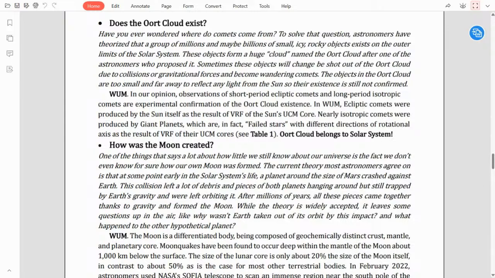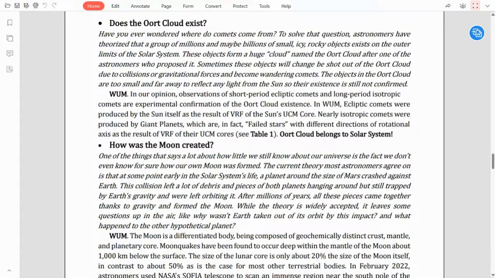How was the moon created? One of the things that says a lot about how little we still know about our universe is the fact that we don't even know for sure how our own moon was formed. The current theory most astronomers agree on is that at some point early in the solar system's life, a planet around the size of Mars crashed against Earth.